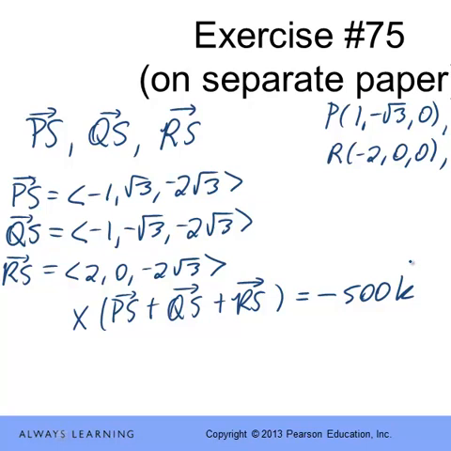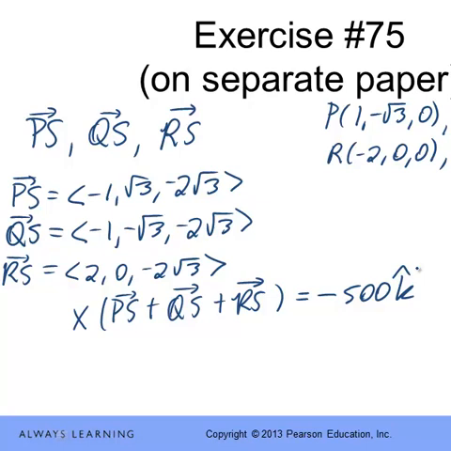So negative 500 k hat is the downward force vector. Is it pounds or kilograms? Kilograms, okay. Because the block weighs 500 kilograms, the negative 500 k hat is the downward force.